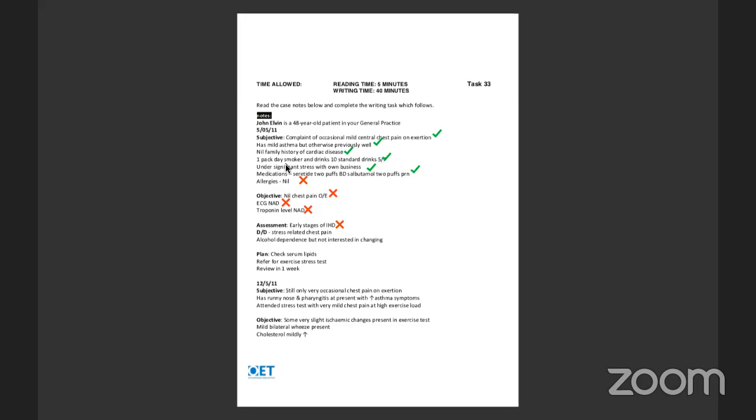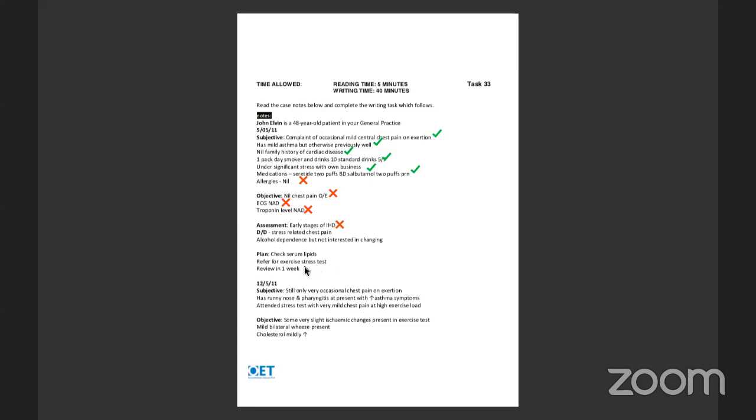In addition, he is under significant stress with his own business. Please note there is no family history reported. So this information you can take. Even this allergy part, if you want, since we are writing to a doctor and you want to inform that there are no allergies present, you can still put this in your second paragraph, no problem.